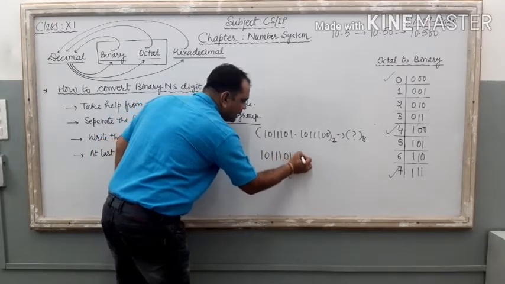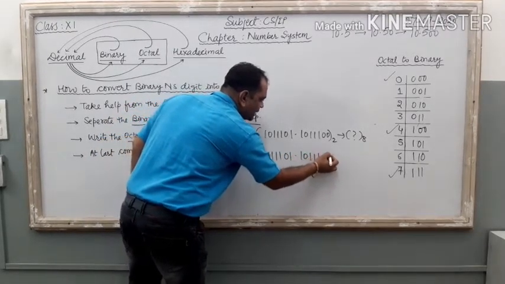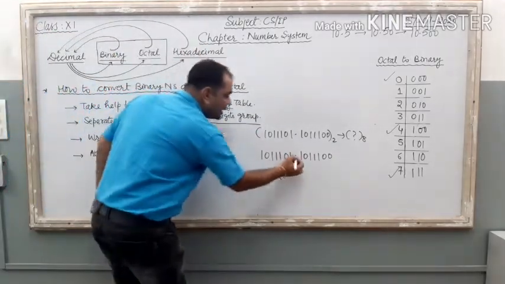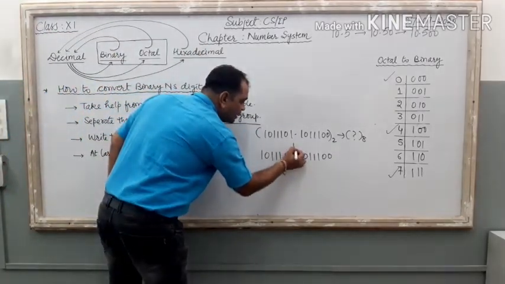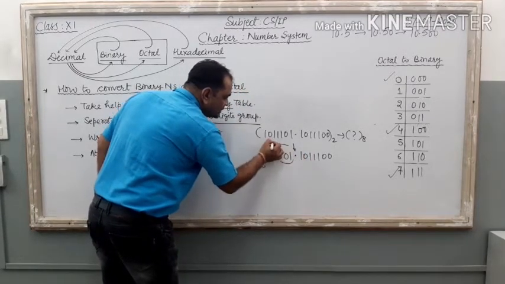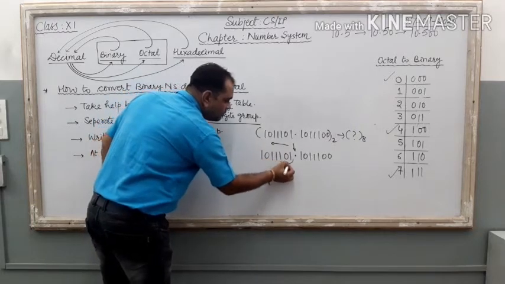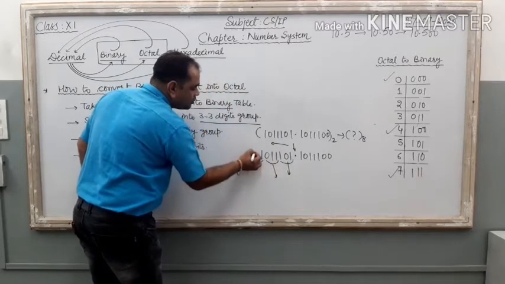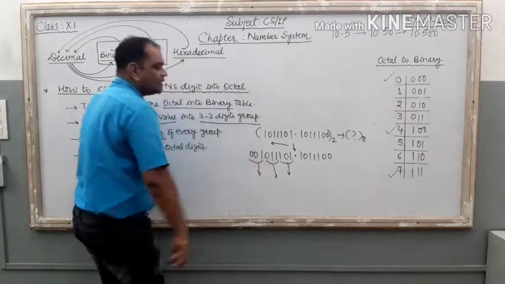Write it again, 0.101110. This is the actual digit. Hold the decimal point. This is the decimal point. Just hold it and create the groups from this direction. First group. Here it is the second group. Now 1 is remaining, just put 2 zeros from your side, it is the third one.